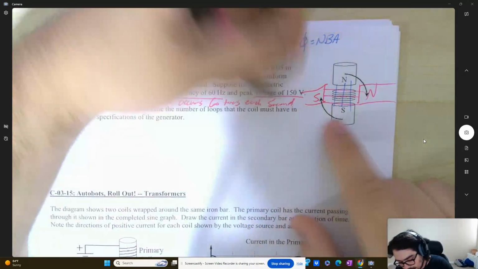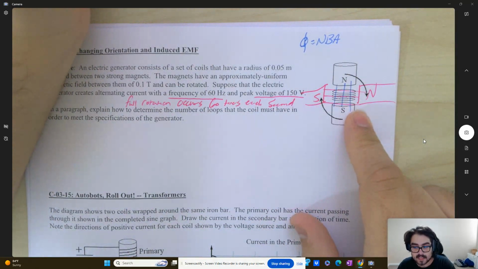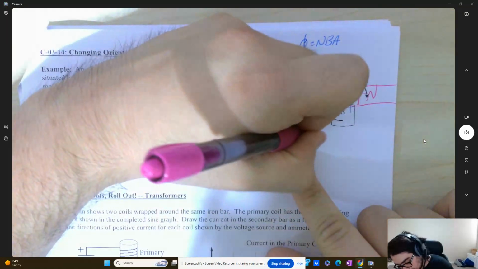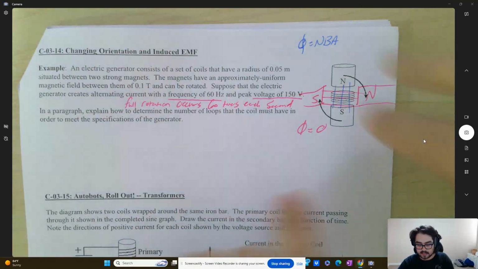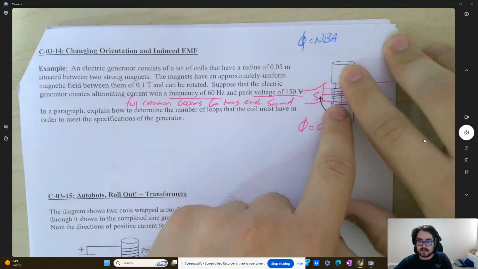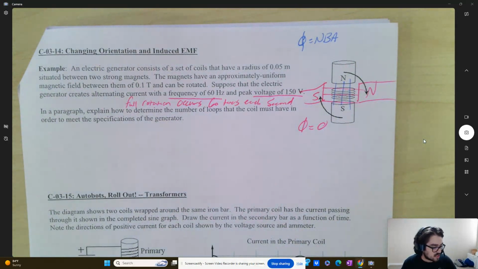So when the magnets are rotated this way, cosine theta resolves to 0, and the flux when they're side by side is going to be 0. So what you're going to notice is that it starts out NBA, 0, NBA, 0. Do you notice how it's going from NBA to 0? That's our change in flux.